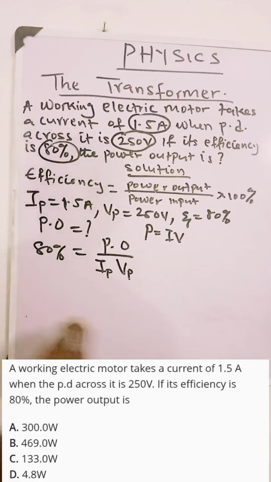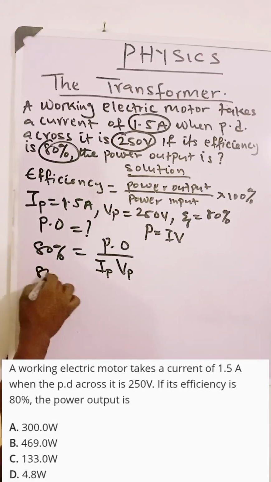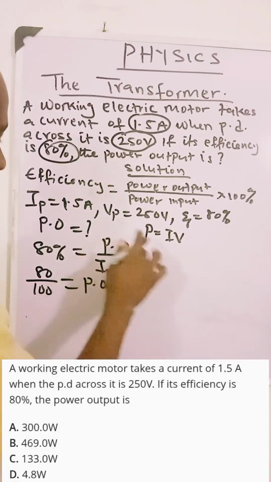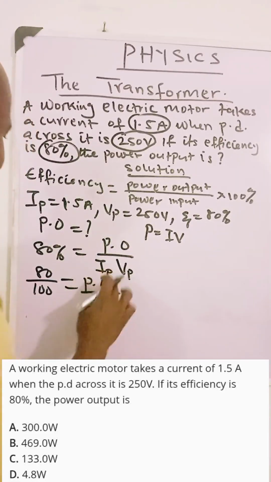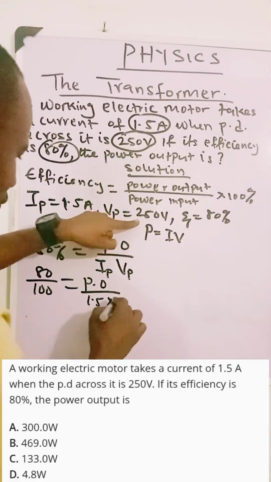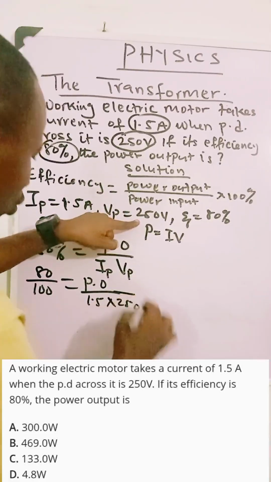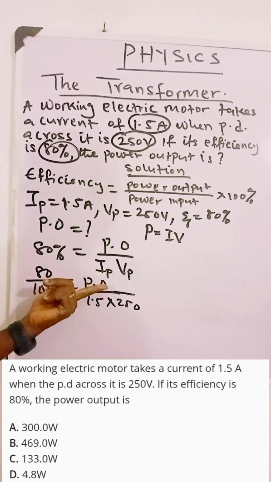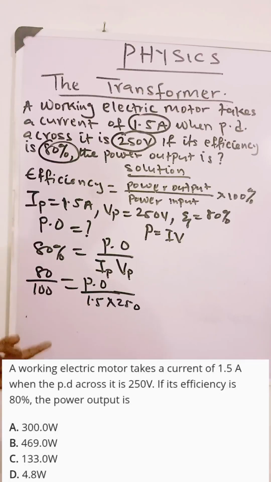So let me replace, my efficiency is 80 divided by 100 equal to PO, which is the power output, divided by my IP, 1.5 times 250. Okay, so now next, I'm going to cross multiply and make power output the subject formula.